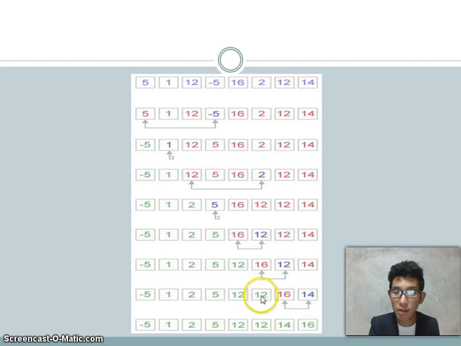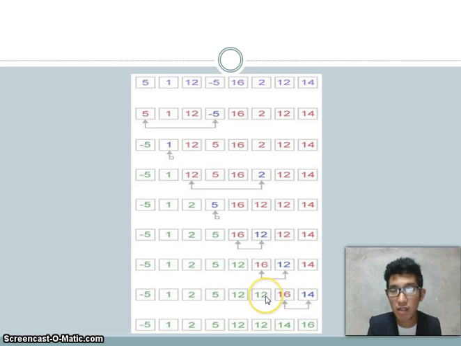Yung 12 mapupunta sa left side, magkapareho sila, okay lang yan, at yung 16 is mapupunta sa right side. As we observe, negative 5 and 1 is sorted, 1 and 2 is sorted, 2 and 5 is sorted, 5 and 12 is sorted, 12 and 12 is equal, okay lang yan, 12 and 16 is sorted.